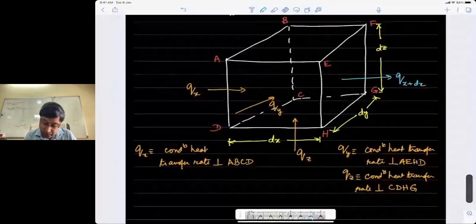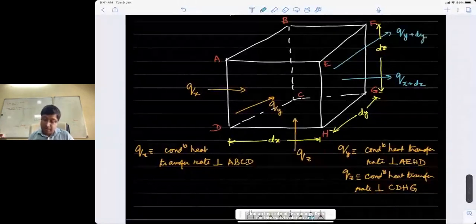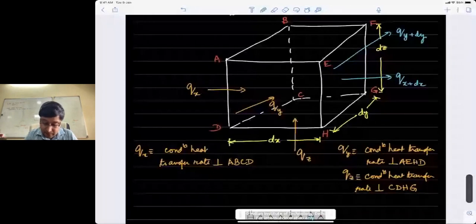Similarly, heat transfer going from the back face, which would be Q at y plus dy, and heat transfer going out from the top face, which is maybe Q at z plus dz. Okay.